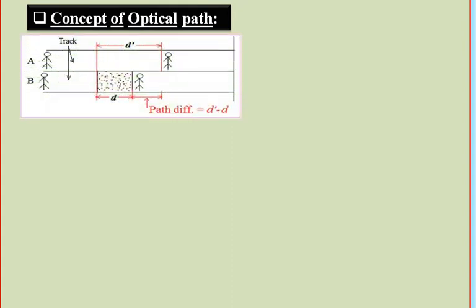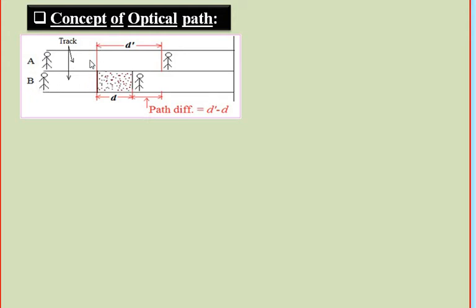Then the concept of optical path. Let us see a general example. Suppose two men are running on a track. Suppose A is running in this track and B is running. Both are running parallel, and both have the same capacity.